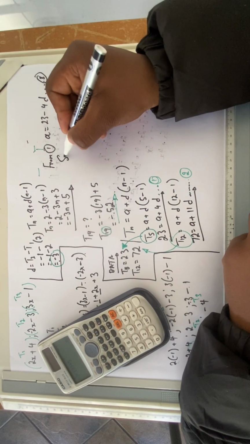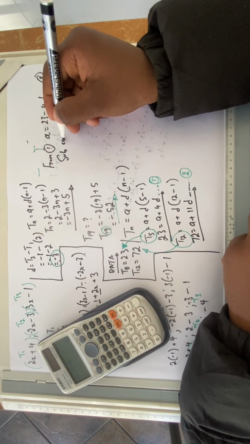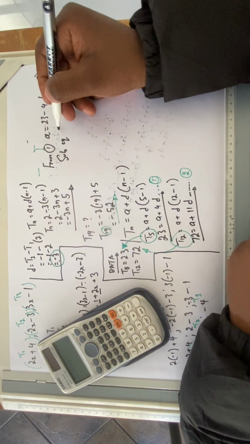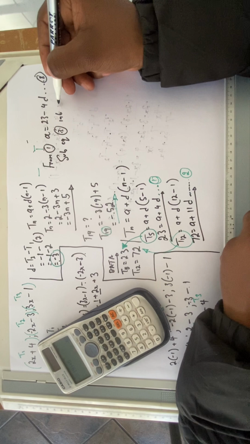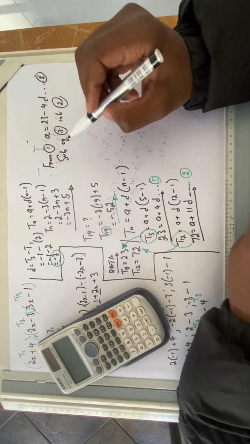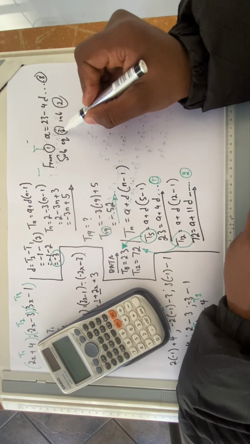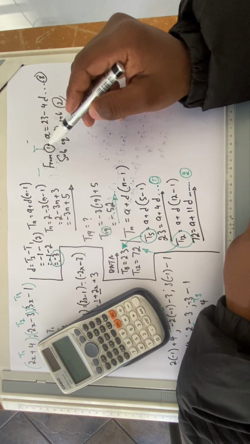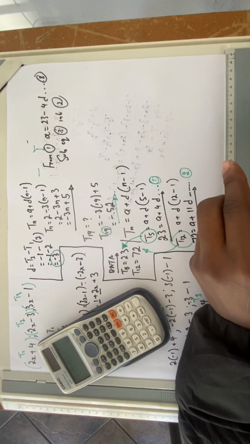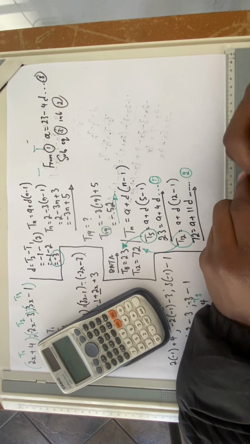So I'm going to sub equation number 3 into equation number 2. I cannot substitute equation number 3 into equation number 1 because number 1 is the one that made equation 3, so I can't be moving around in circles.